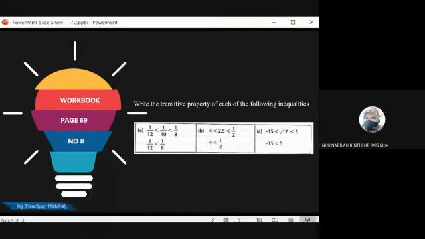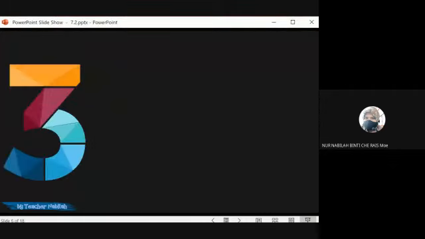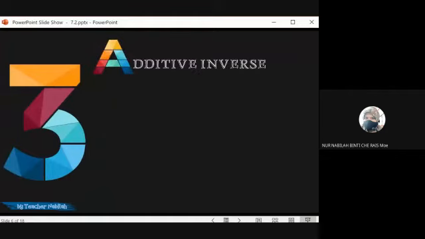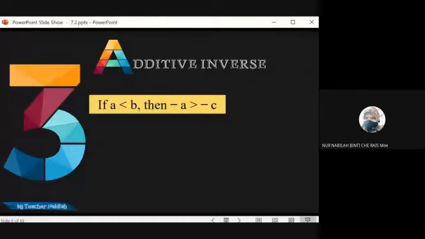And the third one is additive inverse. What is additive inverse? If A less than B, then negative A more than negative B. Additive inverse means that you have to change the symbol. If here is less than, here is more than.